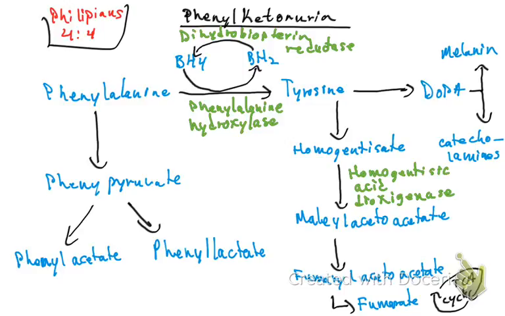So now we are going to learn some more information about phenylketonuria. Classic phenylketonuria, also known, as I mentioned before, as PKU, is the most common form. It occurs most frequently in persons of Scandinavian descent.